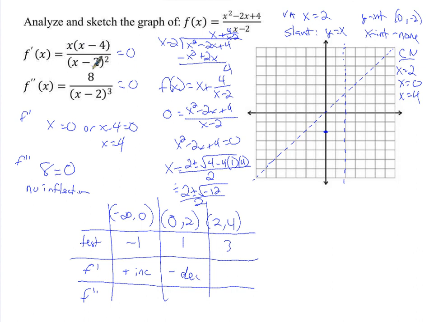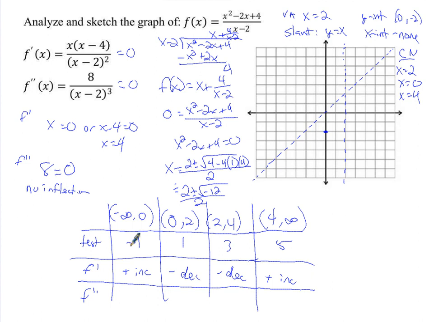Negative divided by positive is negative, so we are decreasing. And I have one more interval to tack on here, 4 to infinity, to finish this off. Need a test point here. We'll call it 5. Take 5 and plug it in. Denominator is still positive. 5 minus 4 is positive. This is positive. We are positive, so we are increasing.